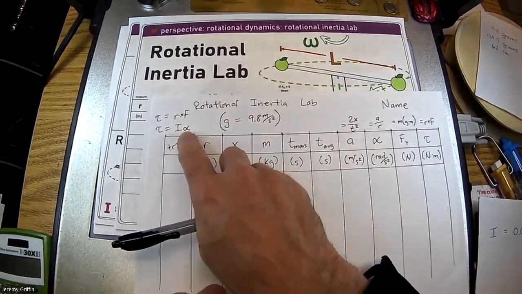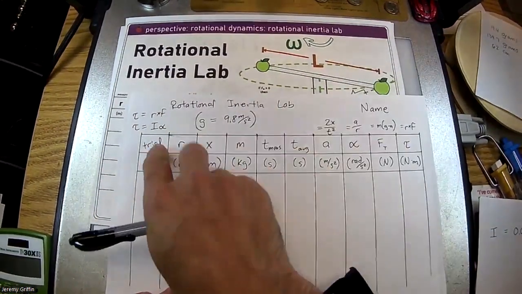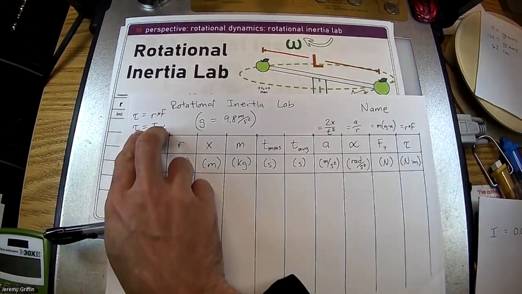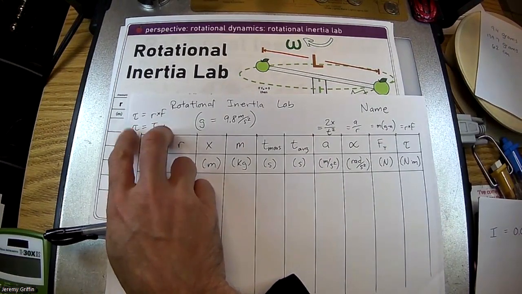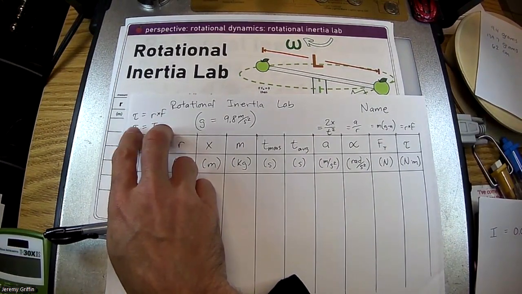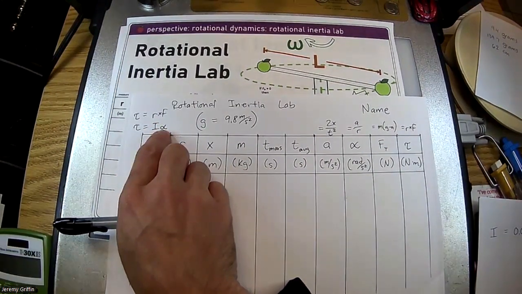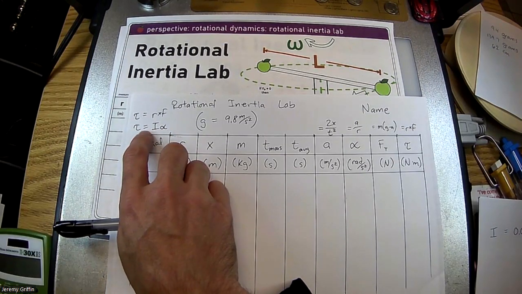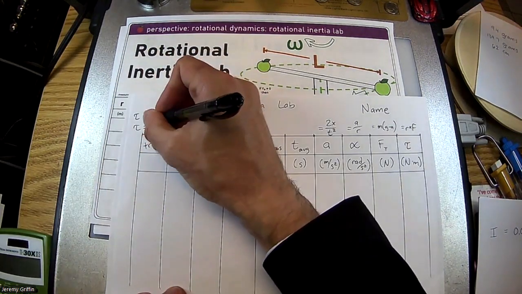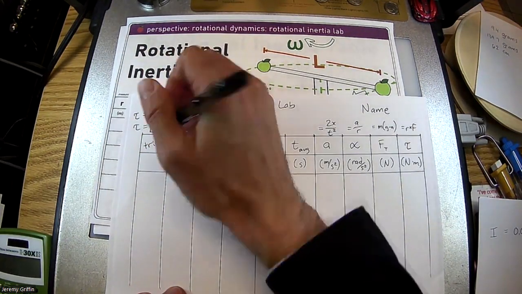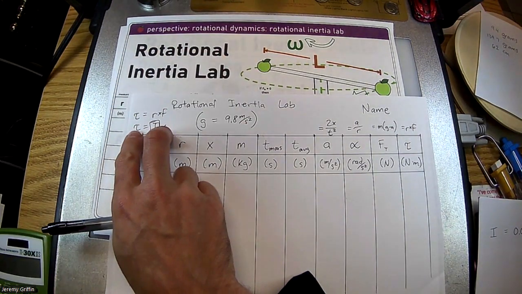The way we're going to finish this lab, thinking of this whole thing backwards, is we're going to have a graph of torque versus alpha on a set of axes. And I bet that's going to line up in a straight line. This equation suggests that it should. This looks a lot like y equals mx, doesn't it? I bet rotational inertia is going to be the slope of a straight line on a torque versus angular acceleration set of axes.